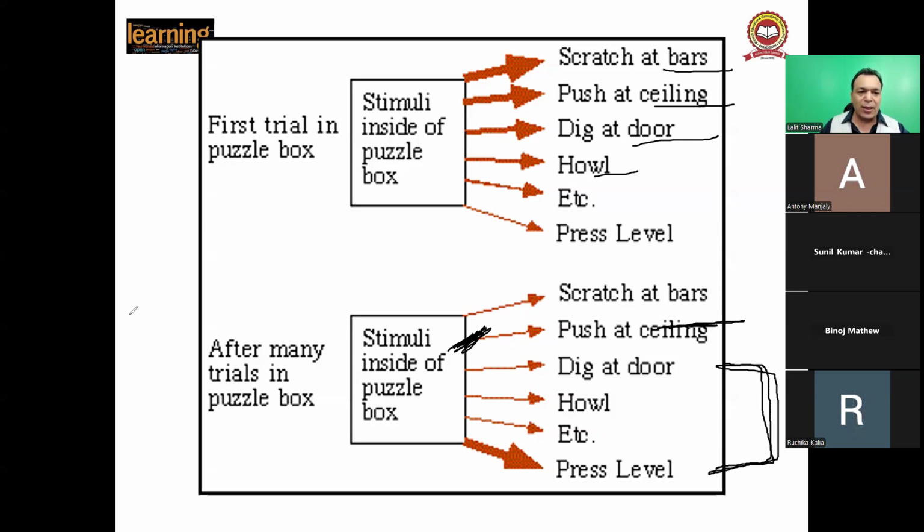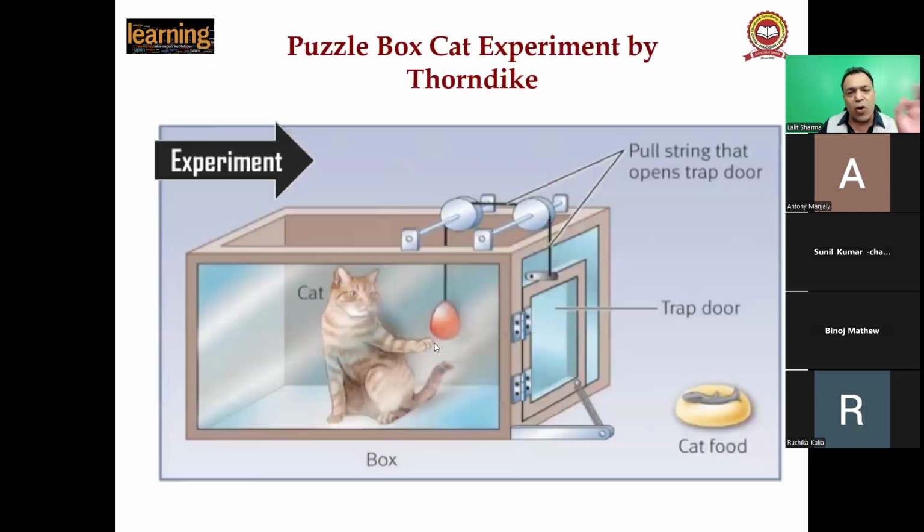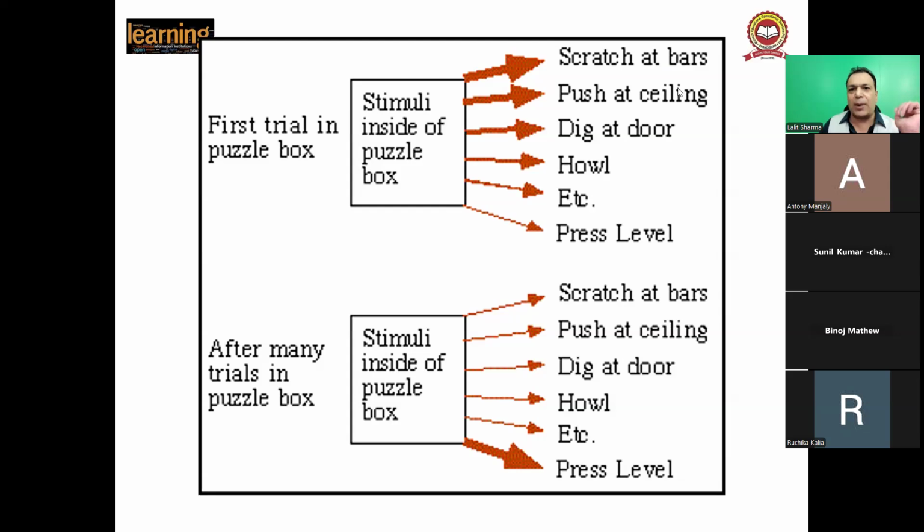And the smell of the fish. Thus, look at the last slide, the smell of the fish worked as a strong motivation for the cat to come out of the cage. When the cat started doing all these things, scratching the bar, pushing at the ceiling, digging at the door, है ना?